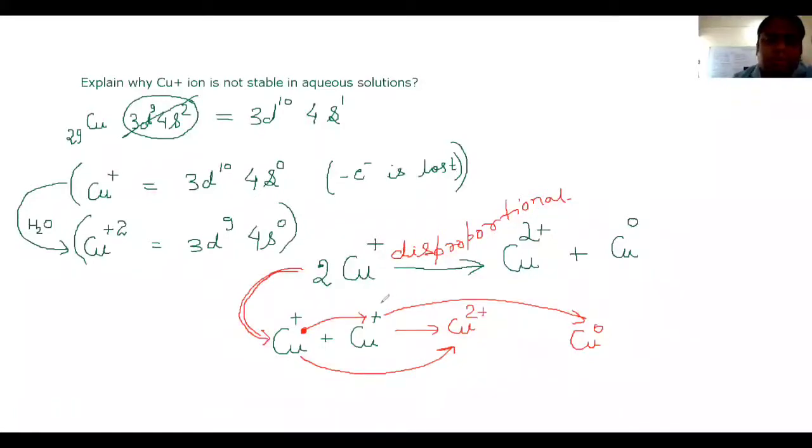Now, this is not possible if water is not given. This is only possible in presence of water. Why so?